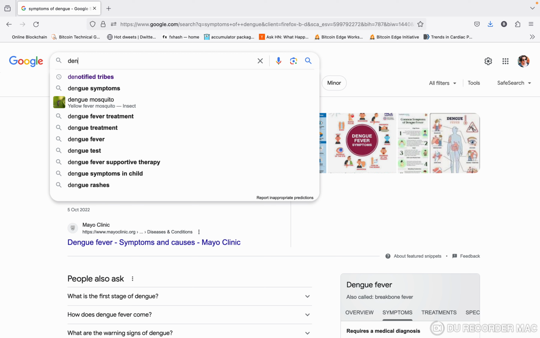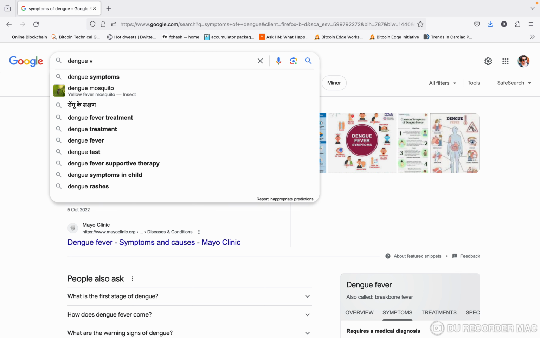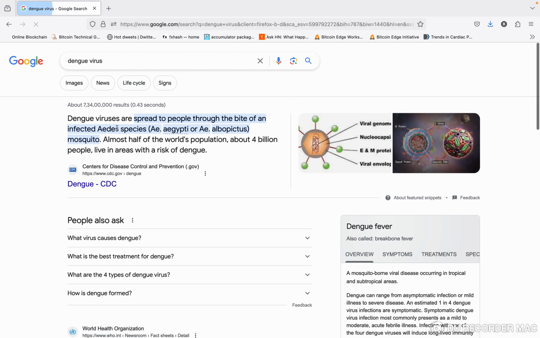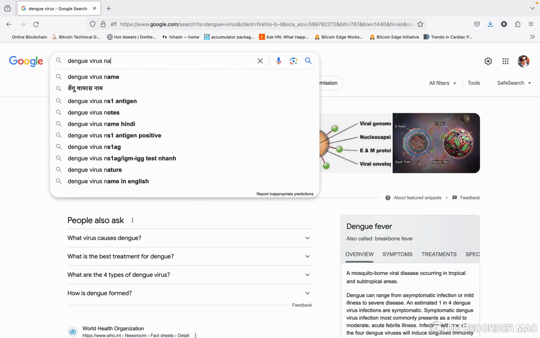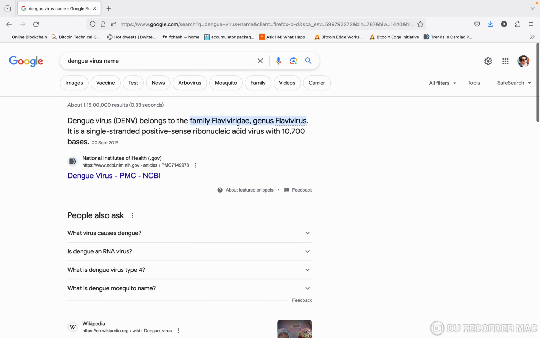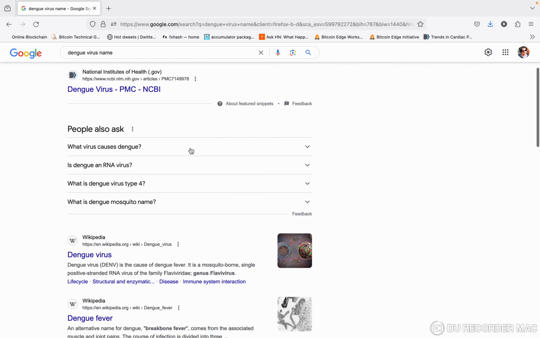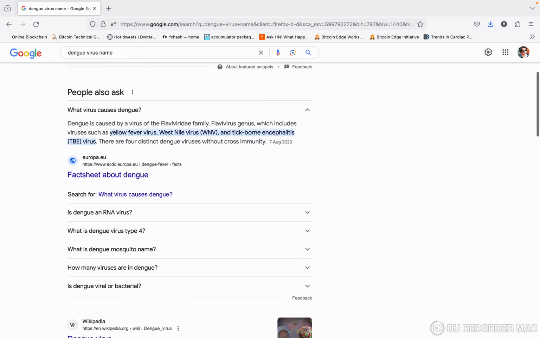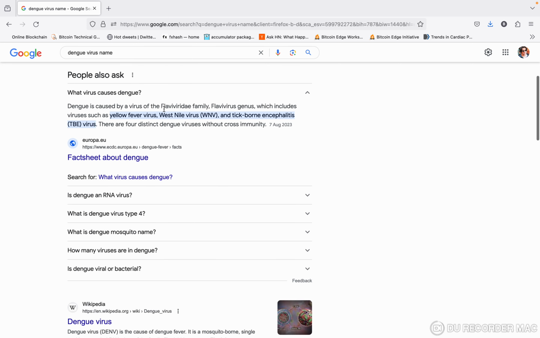Okay, let me check about the dengue virus. Dengue virus spreads through infected areas. Okay, this is a family of flavivirus. Dengue is caused by a virus of the Flaviviridae family. Flaviviridae viruses include yellow fever virus, West Nile virus, tick-borne encephalitis virus.